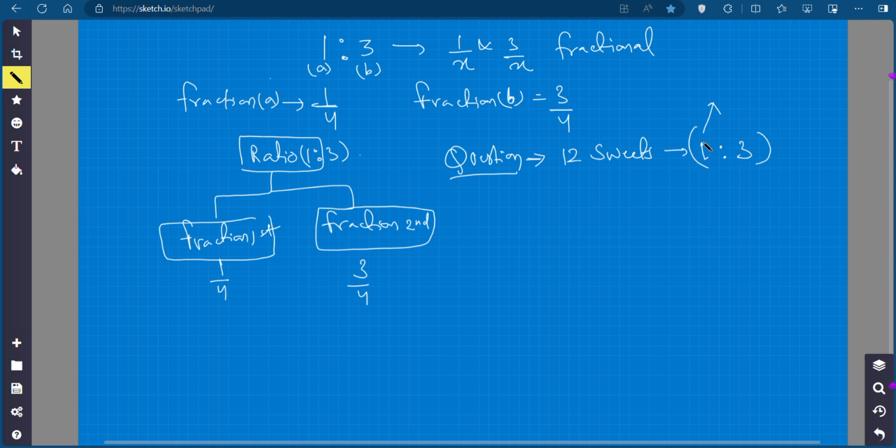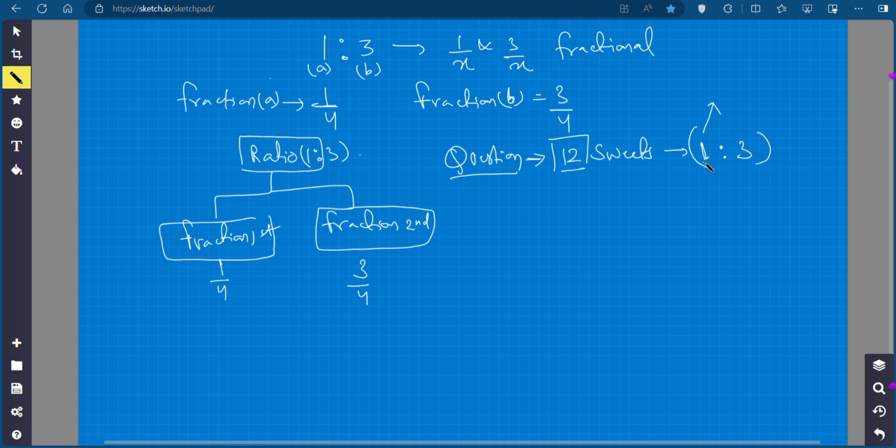This is what 1 ratio 3 means. Your parents specifically tell you this ratio. They say, please make sure you divide the 12 sweets in 1 ratio 3.